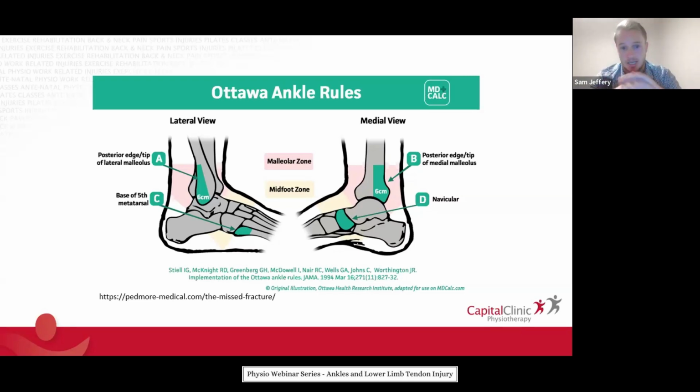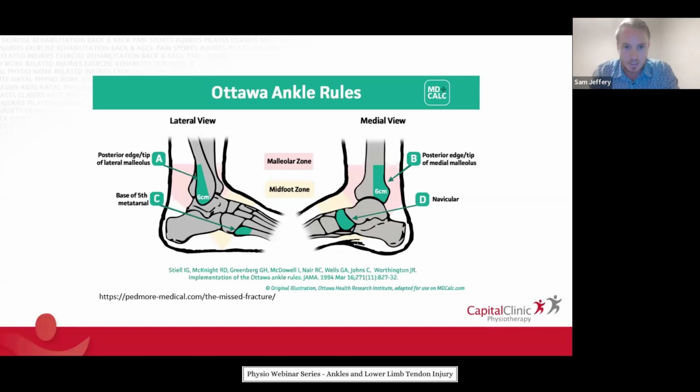If, let's say, for instance, they have that pain in the malleolar zone, but they don't have tenderness on palpation of that part of the malleolus and tibia or fibula, then it's their ability to take 4 steps immediately after the injury and in the clinic. And if they're failing those, we're sending off for an x-ray, looking for potentially, or looking to rule out a fracture. We also use it for midfoot fractures.